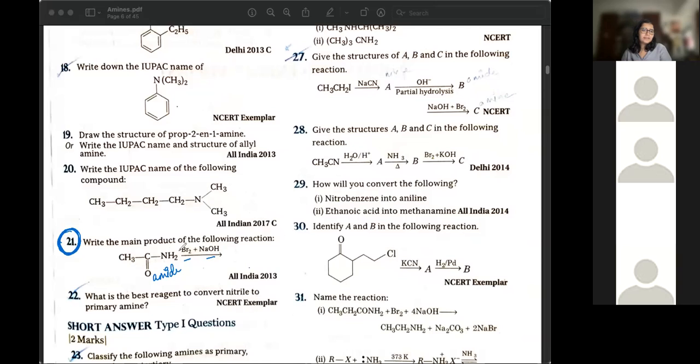So we have an amide and bromine, so which reaction will it be? Based on that, check the template, like the reaction that you noted down, and then figure out the product from that.